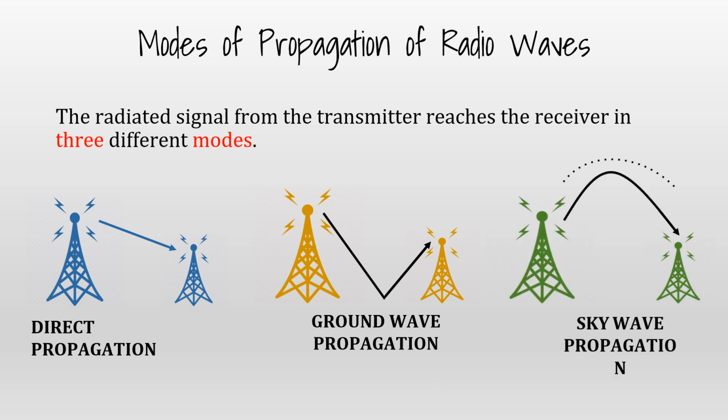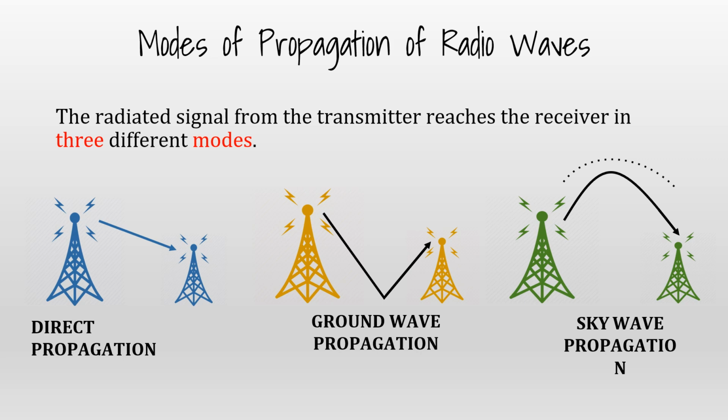The next type of propagation is skywave propagation. You can see here these dotted lines represent the ionosphere layer of the atmosphere. As you have already studied in school, this ionosphere layer is completely filled with charged particles.